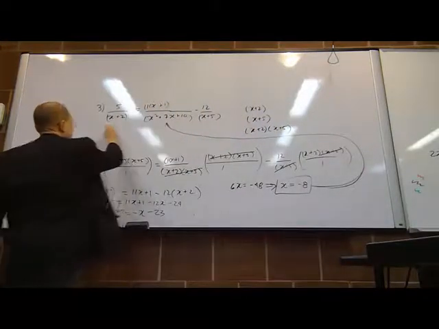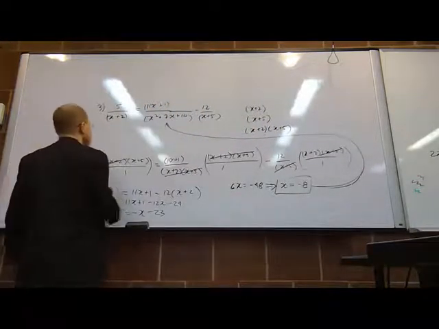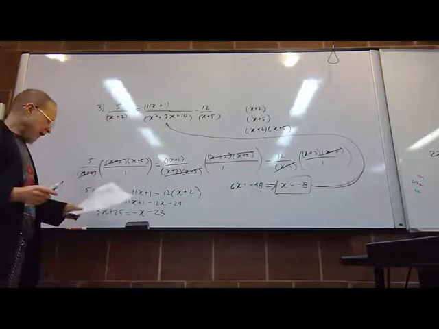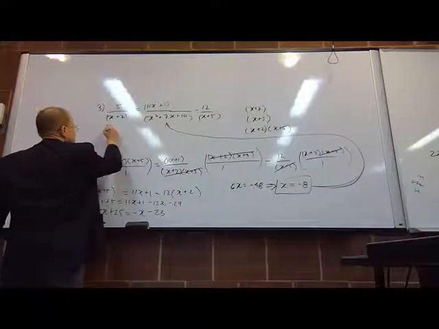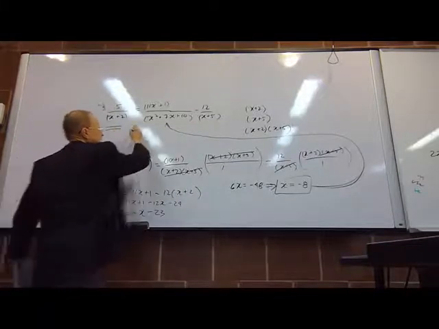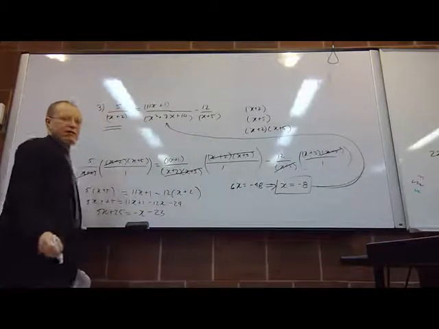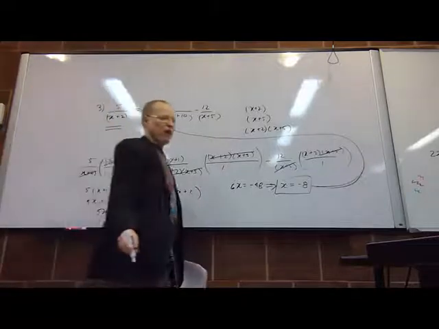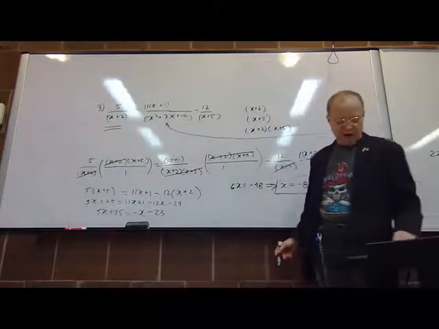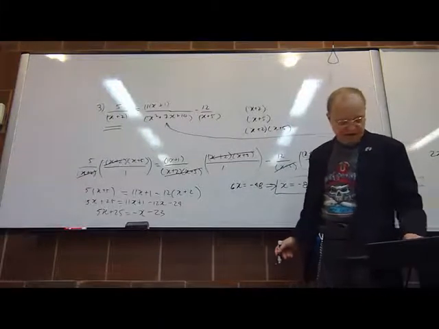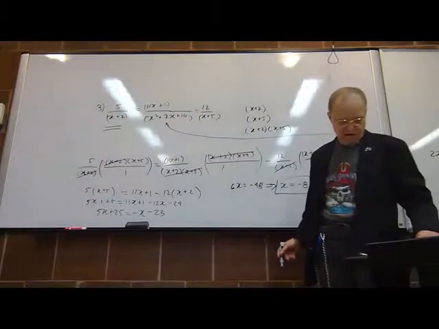So everywhere you see an x, you will put an 8 and then proceed to see if you get the same answer on this side as you get on this side. And again, on your PowerPoint, you will see that I actually worked it out, and indeed it did work.